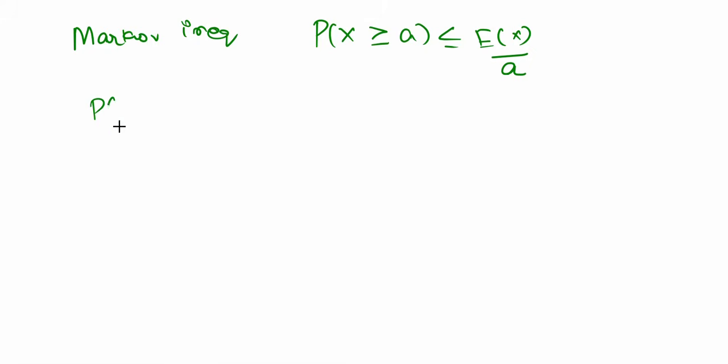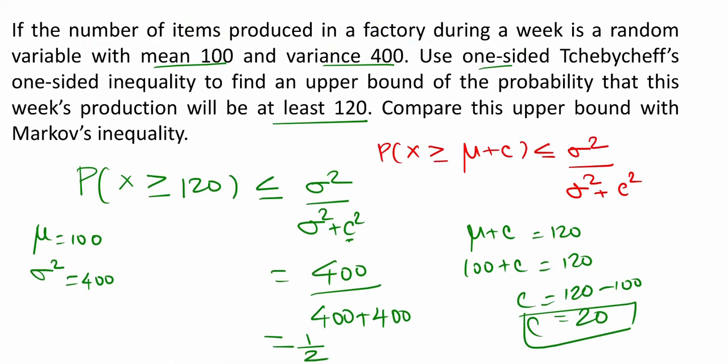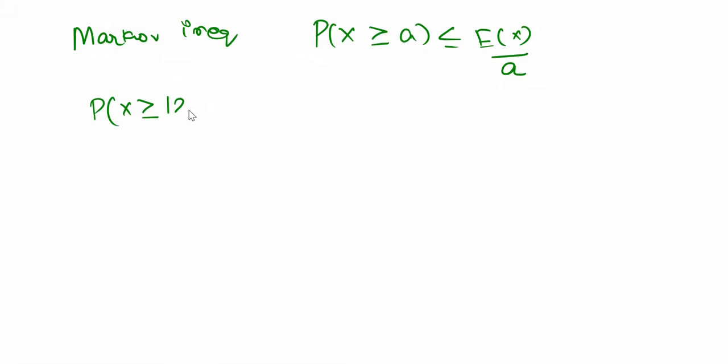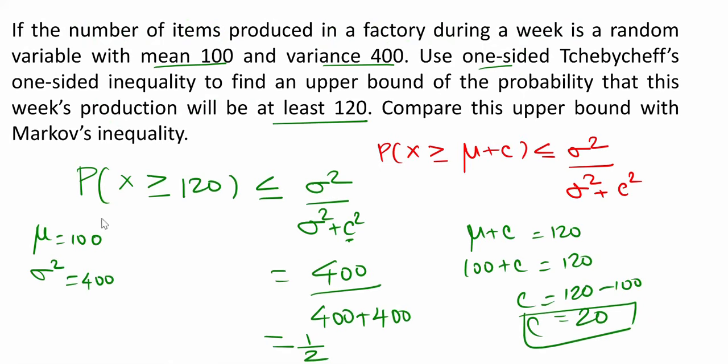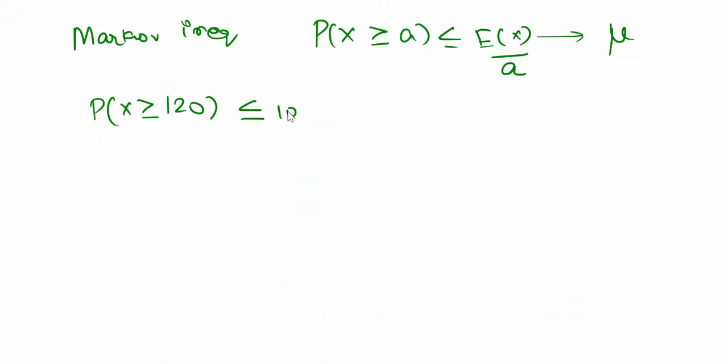So I want probability of x greater than or equal to 120 for my problem. So this will be less than or equal to E of x. E of x represents the mean, mu of the data. What has been given as mu for me? It has been given as 100. So this will become 100 divided by 120, which is equal to 5 divided by 6.